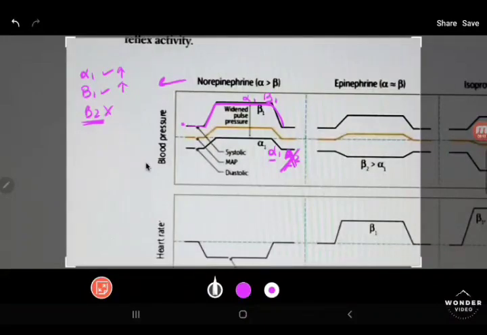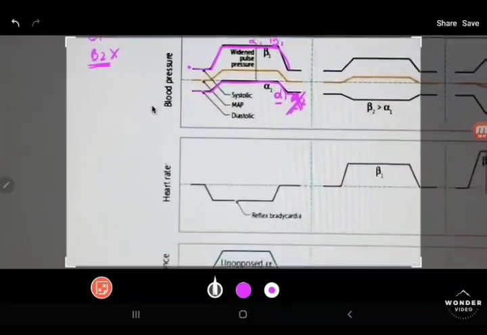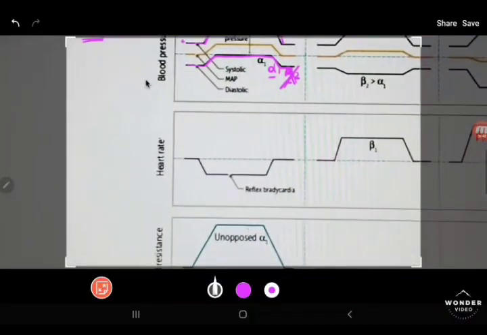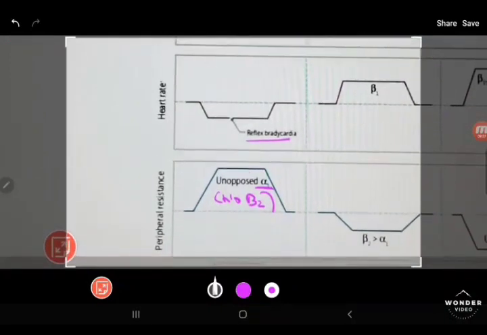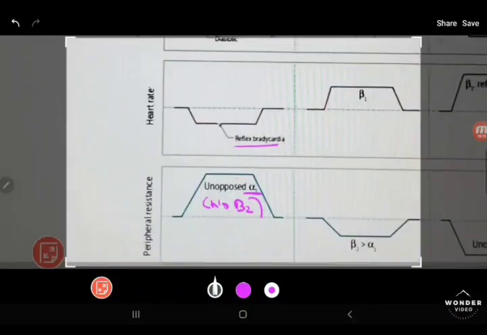Whenever there is an increase in your blood pressure, that is sensed by your baroreceptors, and there's going to be a reflex action by your vagus stimulus, and we will have a reflex bradycardia. And here, because there is no beta 2 activity, we have unopposed alpha 1, which increases the total peripheral resistance.